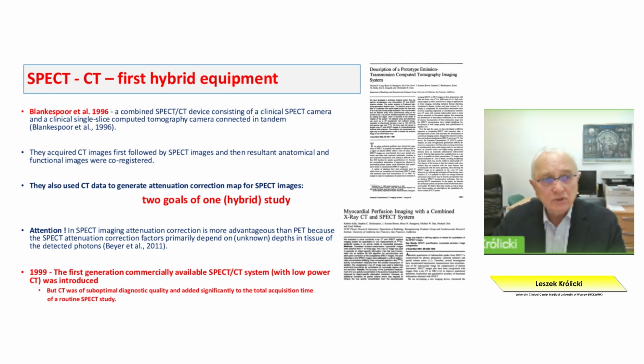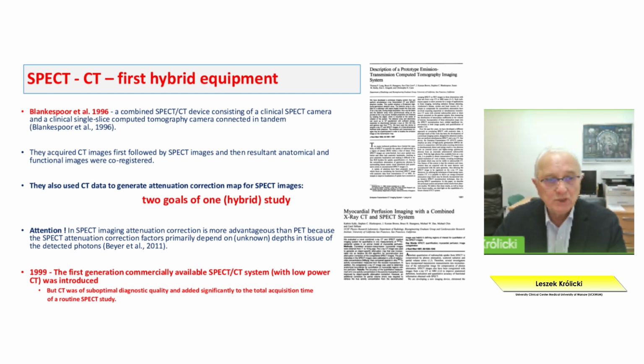So these authors used the CT exam to correct absorption. So this device was not just used to characterize the lesions, but also to improve the quality of imaging. So that's the idea I have already mentioned.